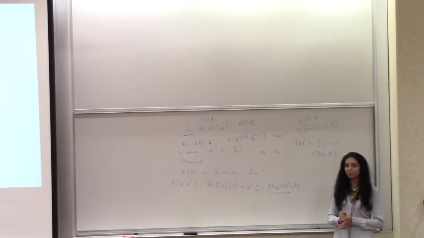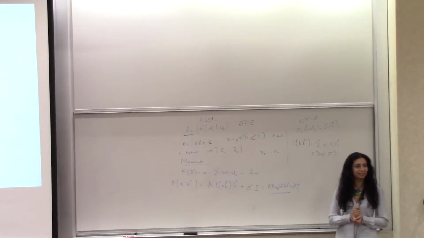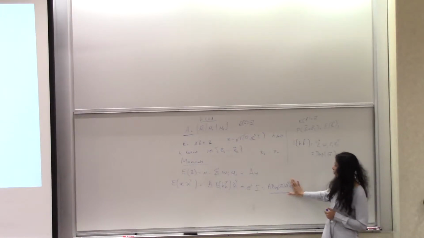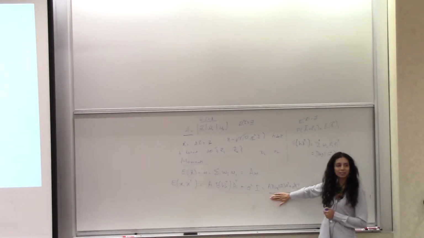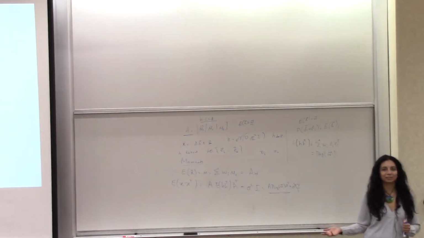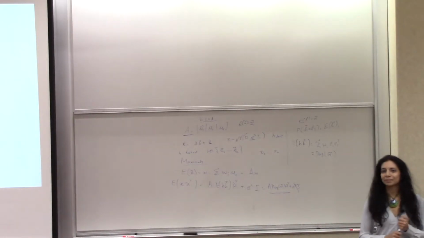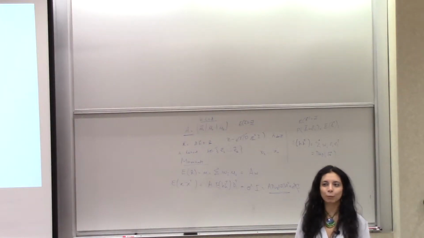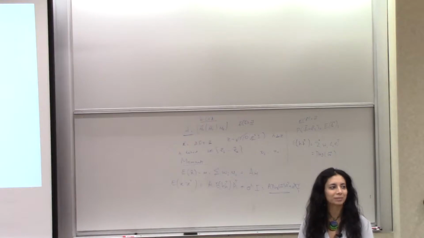Is the question clear? From my moments, I can only estimate this product, and my goal is to recover both A and W. In what setting can I uniquely recover that? For what assumption on A and W?